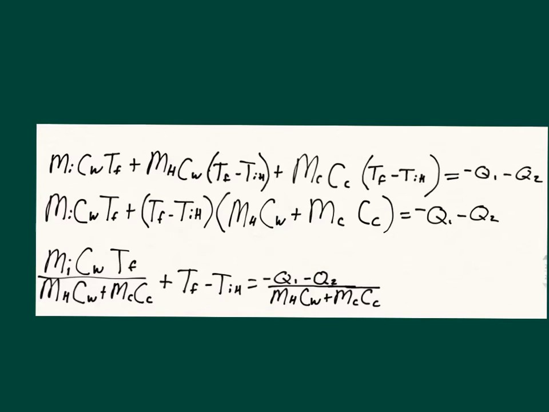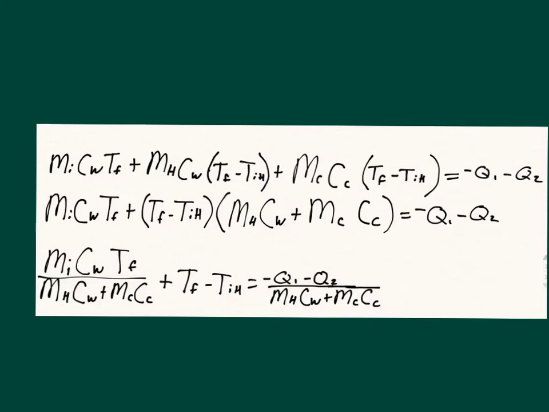So we end up with the mass of the cold water times the specific heat of water times the final temperature divided by the mass of the hot water times the specific heat of water plus the mass of the copper times the specific heat of copper. And that's plus the change of temperature, and of course this term got divided by the same thing.